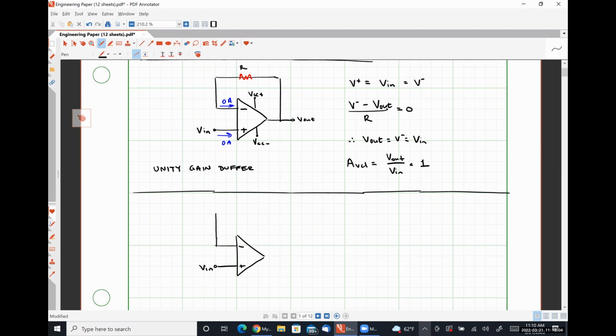We are going to have that feedback path connecting the inverting input terminal to the output terminal. I'm going to call this guy resistor R2. We're going to measure our output voltage here.